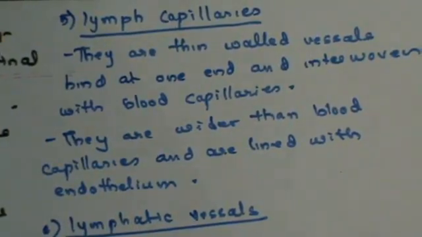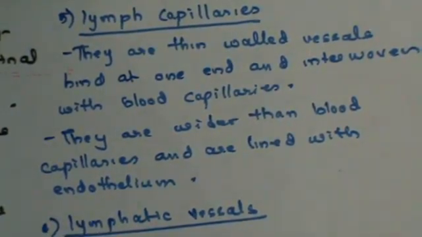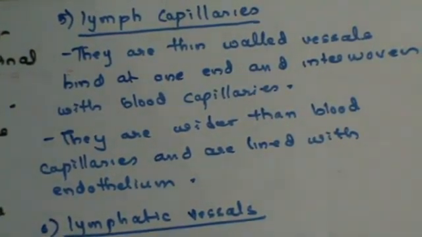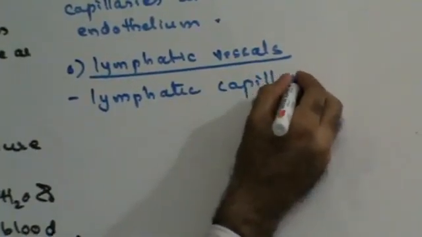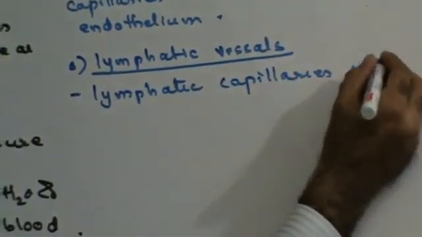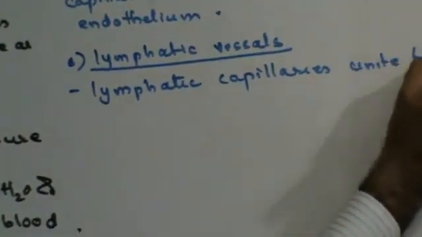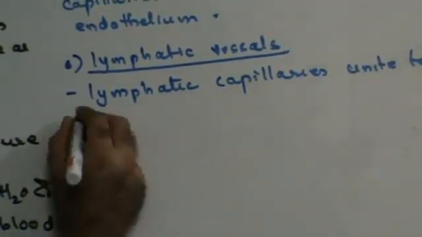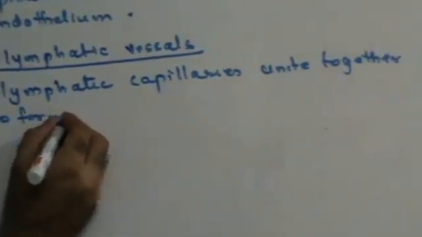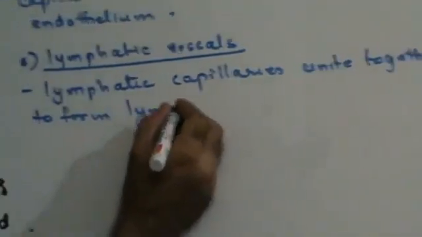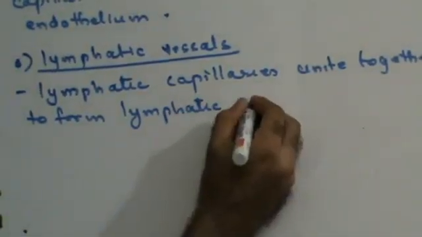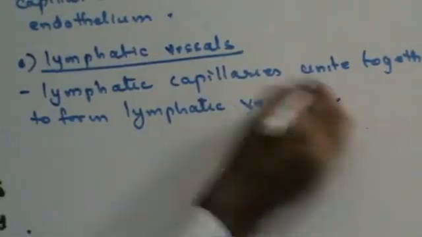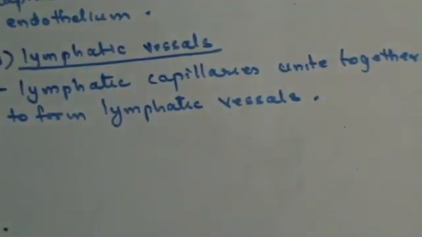Now, lymphatic vessels. Lymphatic capillaries unite together to form lymphatic vessels. Right, that's how lymphatic vessels are formed.